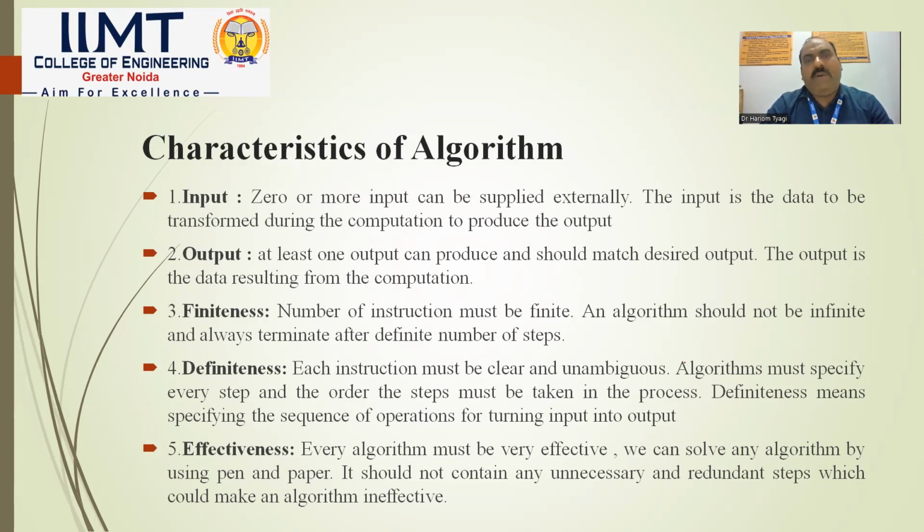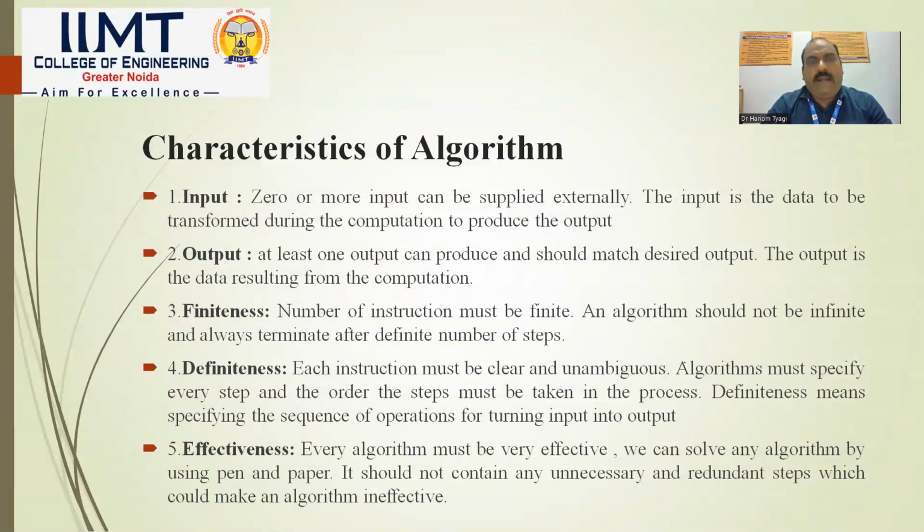So 3 plus 5 equal to 8. Okay, there is no input, means the number of inputs is 0 here. And you can give more than one input, like if you want to find the factorial of any number, you can give 1 input, or you can give 2 inputs, and many more inputs can be supplied.